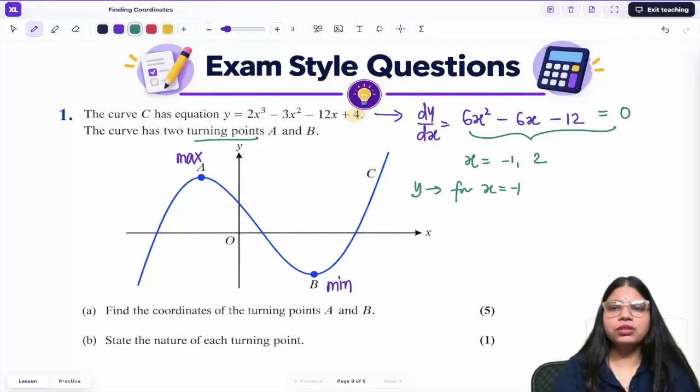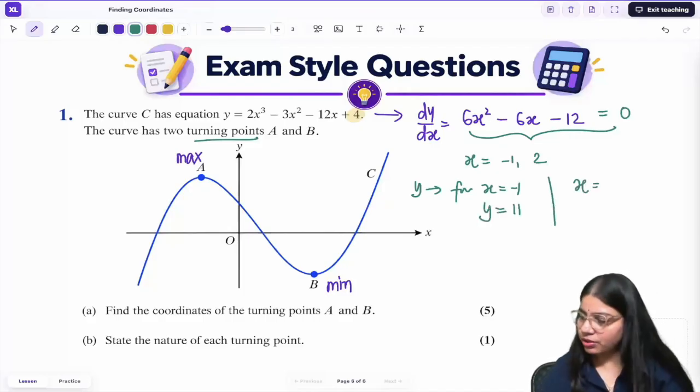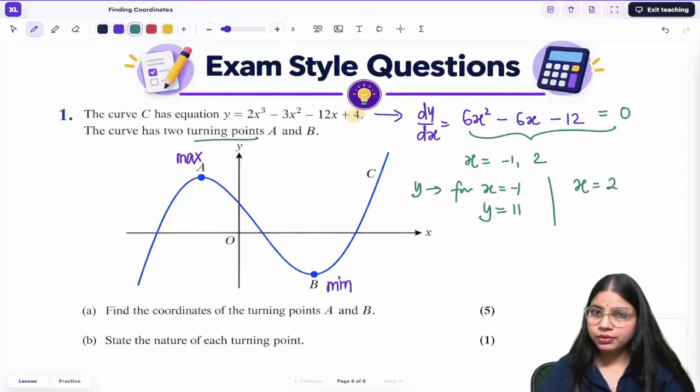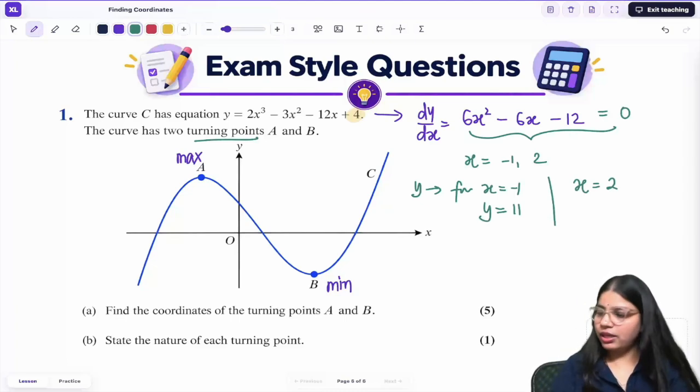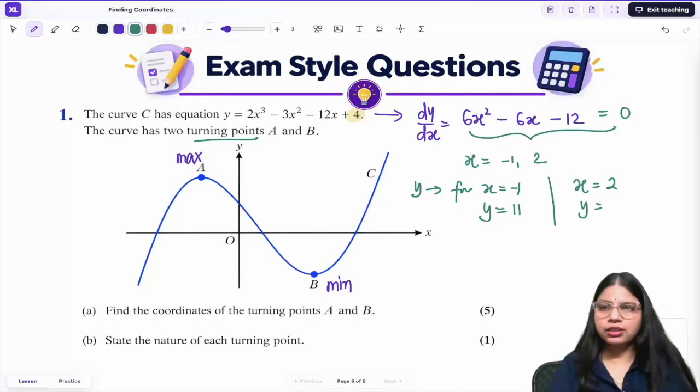So for x equals minus 1, we get 11. And for x equals 2, let's substitute that. It gives me minus 16. Hope you get the same.